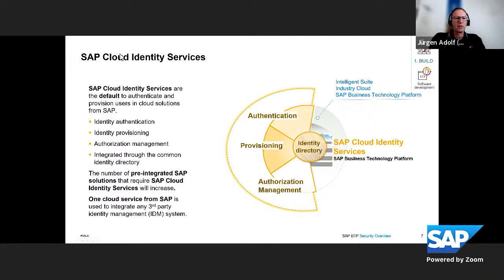Another key aspect is the authorization management, and also the integration through the common identity directory, which comes with the cloud identity services. So everything is integrated, and you can use it as the one cloud service from SAP to integrate with all the solutions you run.